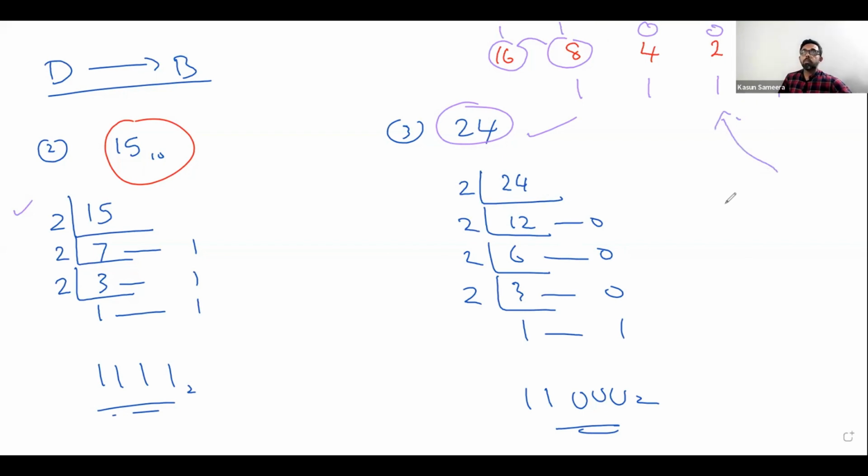Like number 9, which can be created as 8 plus 1, meaning 1, 0, 0, 1. Number 10, 8 plus 2, 1, 0, 1, 0. Right, that's a shortcut. Just for small numbers; you can do it for larger numbers too, but it's better to do the division.